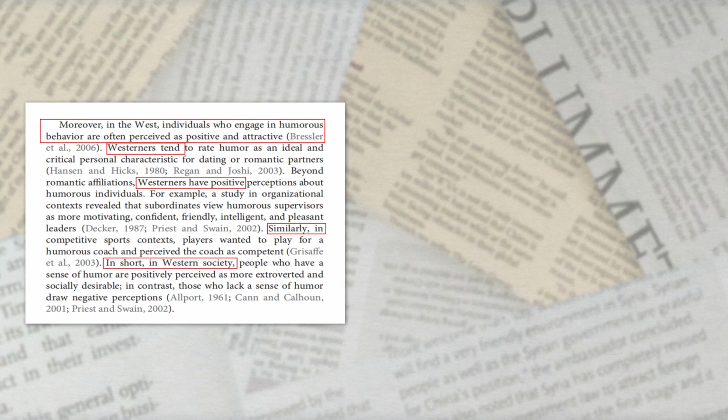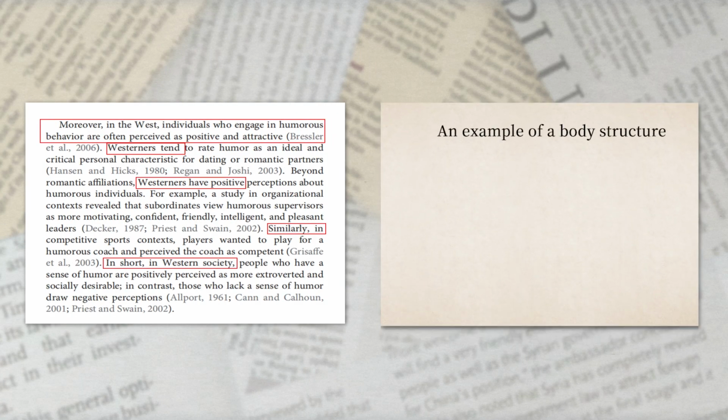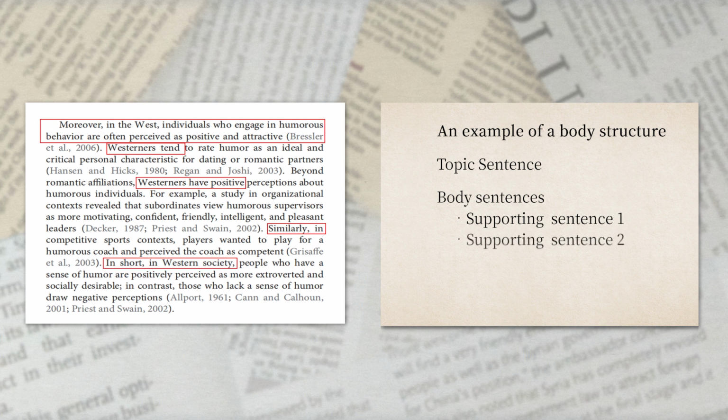Now, here is an example of the eventual body structure of what you want to write based on your outline, okay? Now you can see the part in the red block, usually the parts that correspond to what I described above. There was the topic sentence, there was the body structure, there was supporting evidence 1, supporting evidence 2, and supporting evidence 3, and there was some sort of a conclusion sentence.